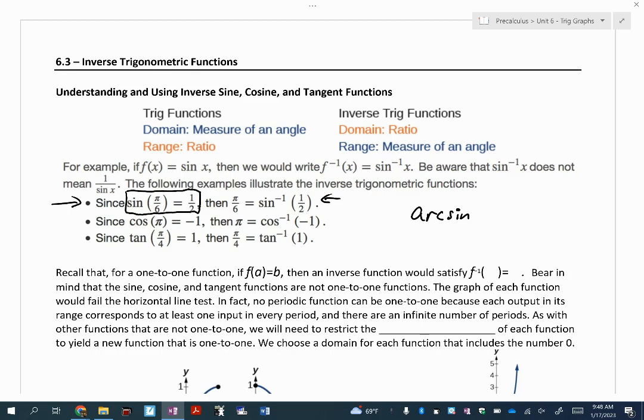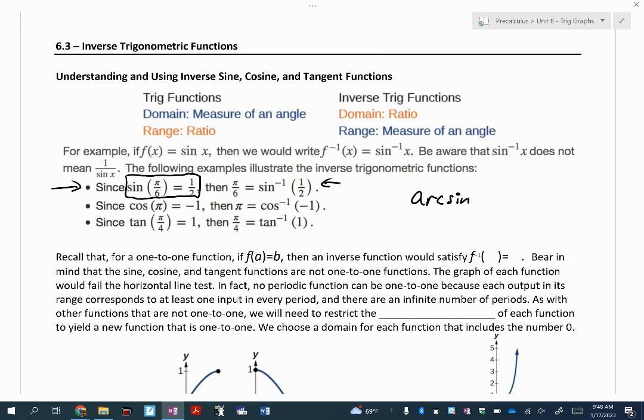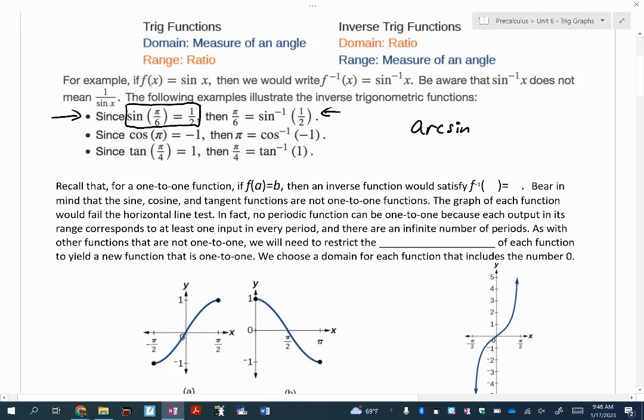This idea of inverses is going to be important in helping us solve trigonometric equations in the next unit. So this idea of an inverse function is f to the negative first power of b equals a. This was important back when we did this in algebra, having one-to-one functions.